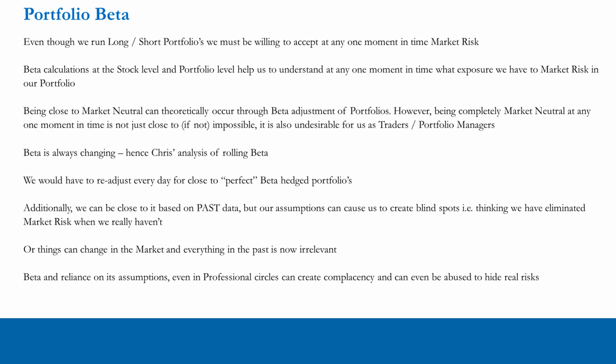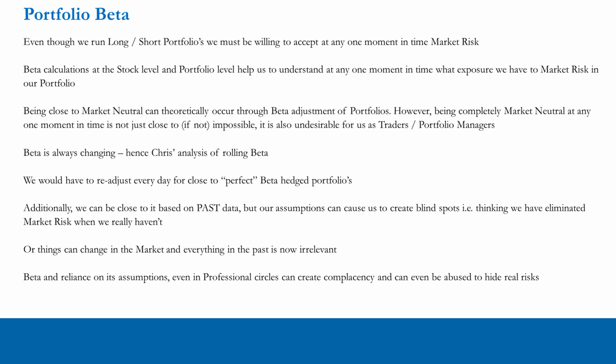Or things can change drastically in the market, and everything in the past is now irrelevant. And I can tell you now that even in professional trading circles, beta and reliance on its assumptions can create blind spots and complacency in risk calculations, and it can even be abused to hide real risks.